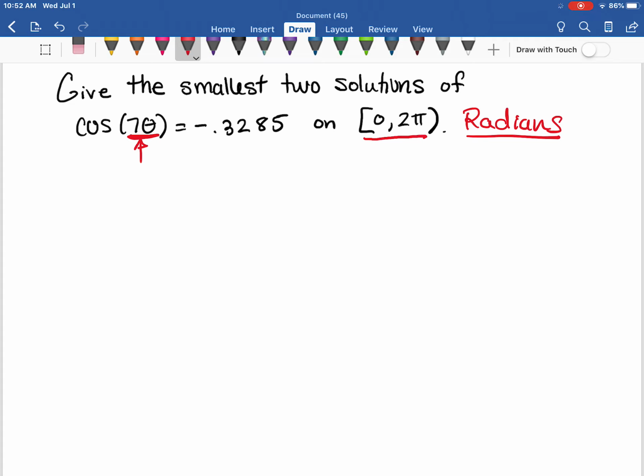So I'm going to use inverse cosine on my calculator, making sure that I'm in radians. I'm going to plug in my ratio of negative 0.3285.